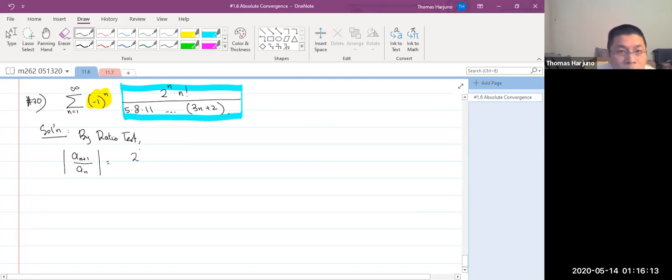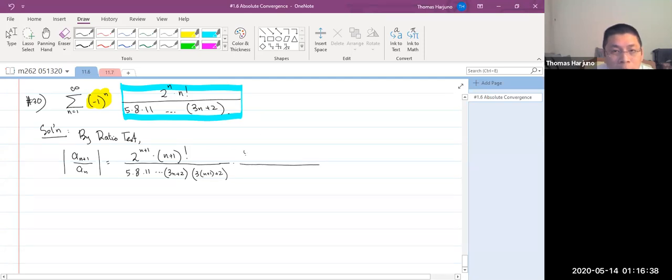Okay, so I will get 2 to the n plus 1 times n plus 1 factorial over 5, 8, 11, up to 3n plus 2, times 3 times n plus 1 plus 2, multiplied by the reciprocal of the current term, 5, 8, 11, all the way to 3n plus 2 over 2 to the n times n factorial.